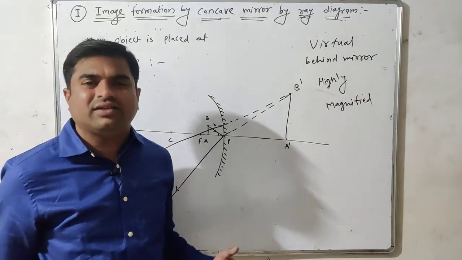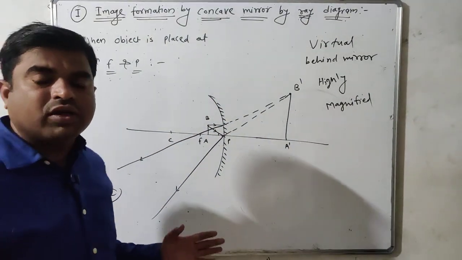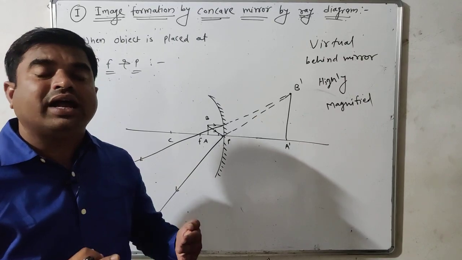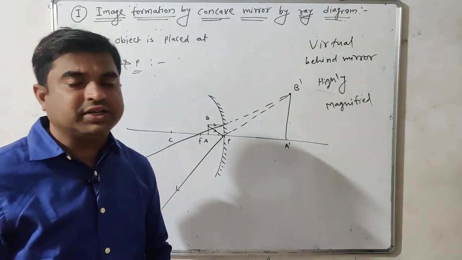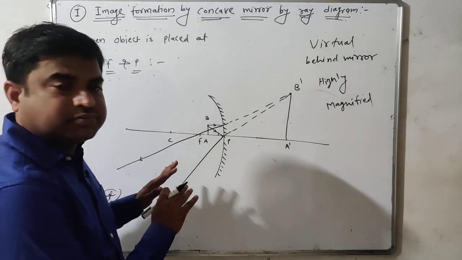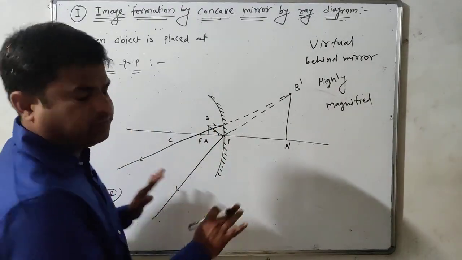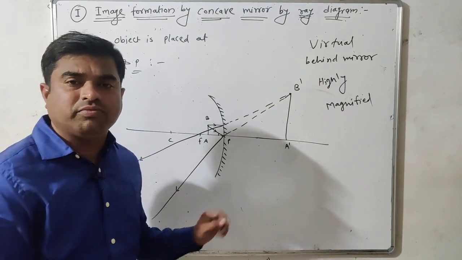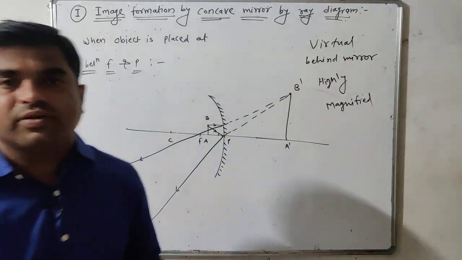This is how we get the images of objects located at various positions. Understand? Now student, we place all these points in a tabular form. Okay, thank you.